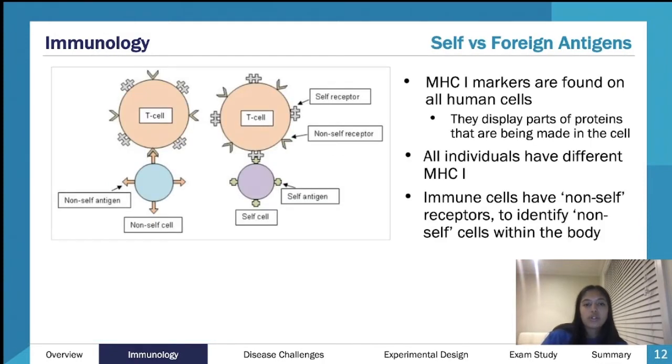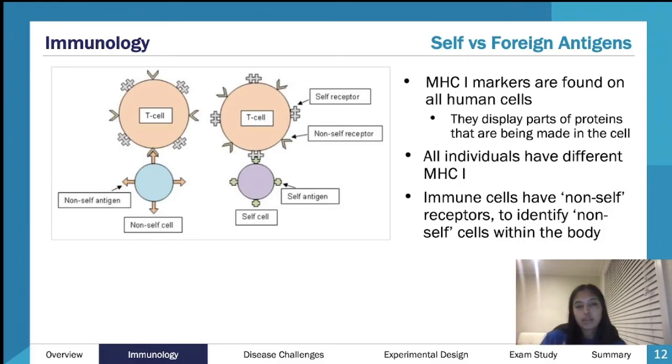Okay, so we'll show a little picture. Here is this idea of self-antigens and non-self-antigens. Your T cell, which we'll get into in a little second, is a really important immune cell. They go around and check what's going on. It's this idea that they have different receptors. If there's a theme for immunity, it's receptors, this idea of things being complementary, matching up, detection, all that sort of thing.